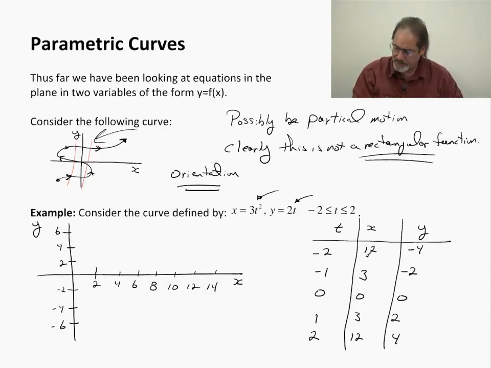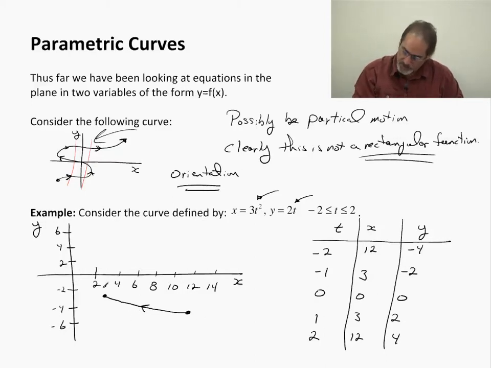When t is -2, x is 12, so I'm over here, and y is -4, so I'm right about there. When t is -1, x is 3, which is going to be about here, and y is -2, so about there. And obviously I'm moving in this direction, so if I connect these, I'm going to put a little arrow in here that indicates the direction that I'm moving.